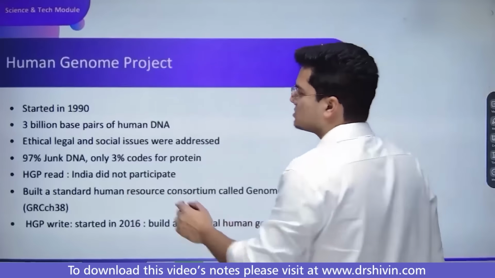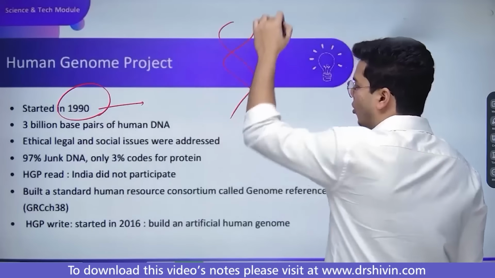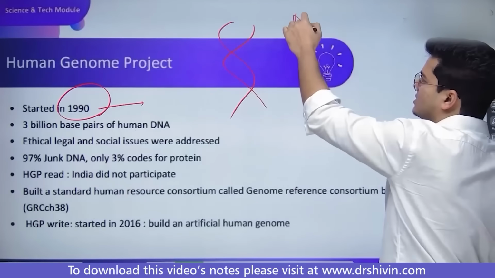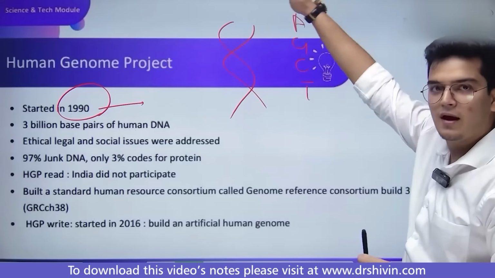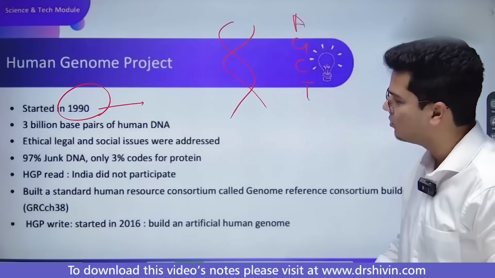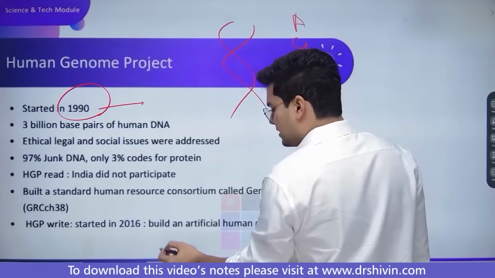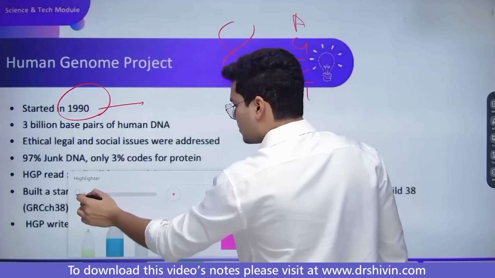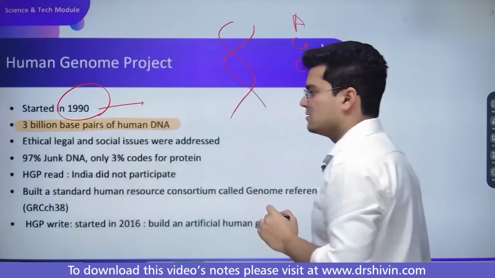The Human Genome Project was started in 1990. They tried to find all the base pairs, all the AGCT of the human genome from one end to the other end, the complete genome. What they found out is that in the human genome there are 3 billion base pairs.